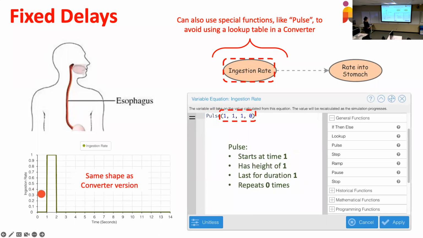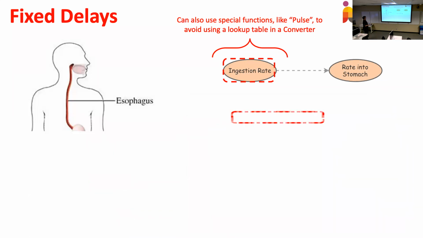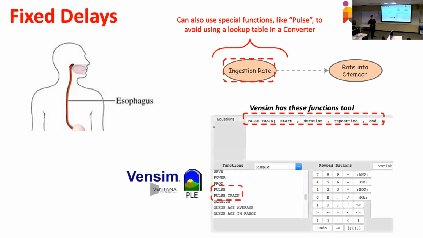And that gives me this thing here. So that's the same as what we did in the converter, but I don't have to introduce that funny time variable. And it actually turns out that Vensim's got the same thing. It's called pulse train, start, duration, repeat, time, end. Same idea here.